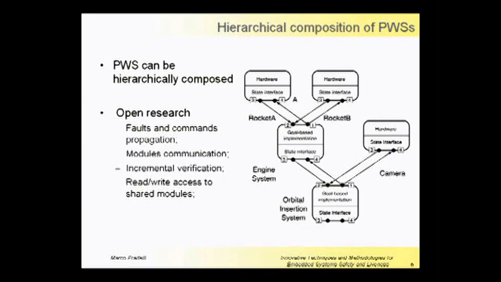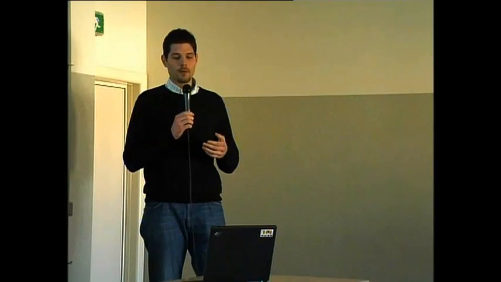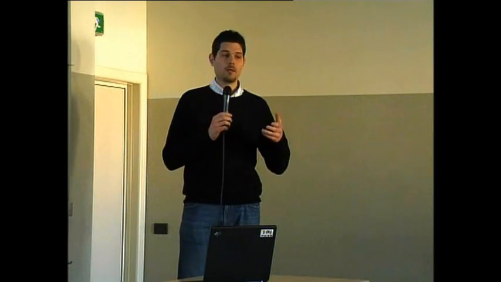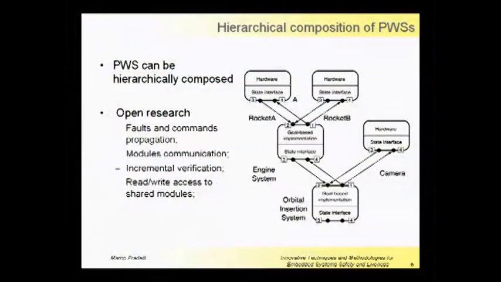And this is a recursive approach, so we can assemble many part Whole Statecharts in order to build a bigger system, and this is useful because each module can be validated by itself without references to other modules. So this allows to incrementally verify the system, and it should reduce complexity.